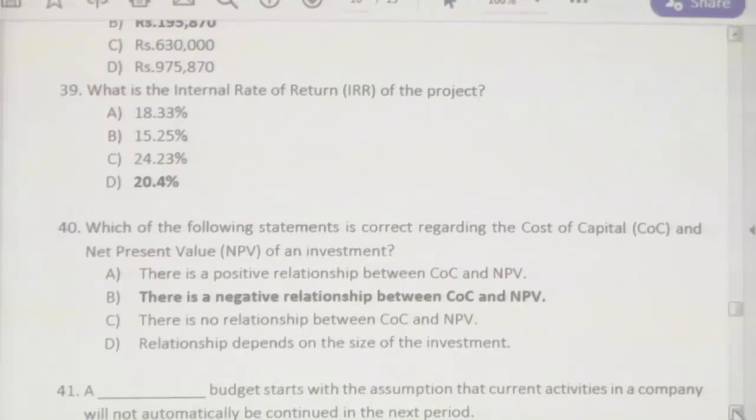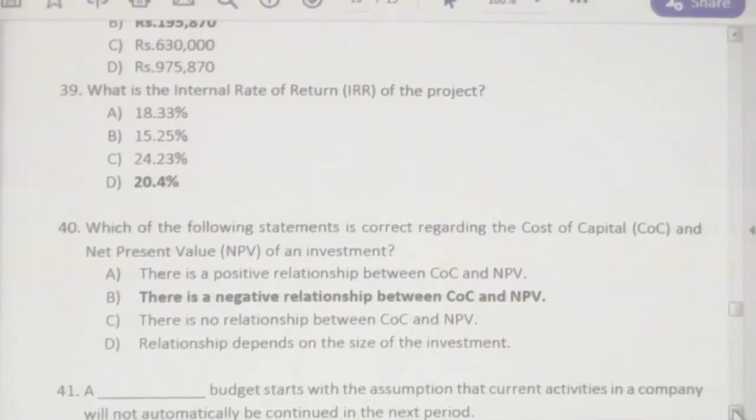You need to take net cash flows of each year, then see how many years it requires to recover the total investment made in year 0. That is the payback period. Then we have calculated the discounted payback period. It is the same technique, but the net cash flows are taken into consideration after discounting.